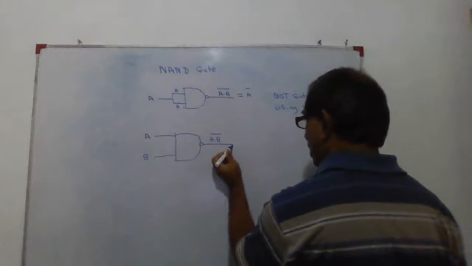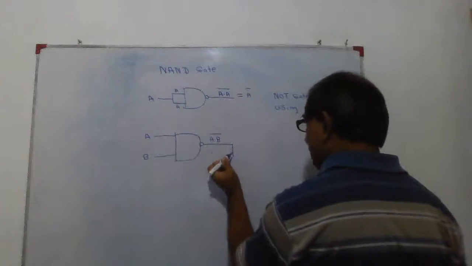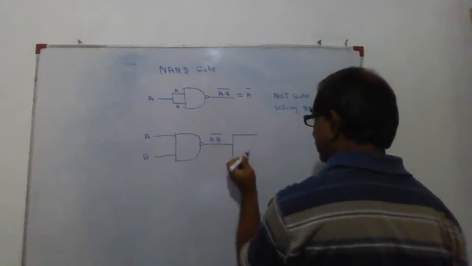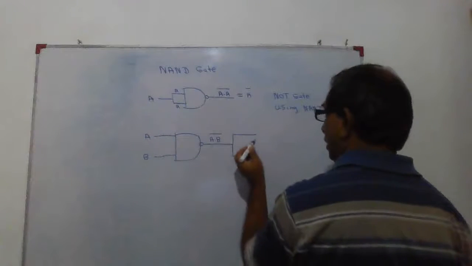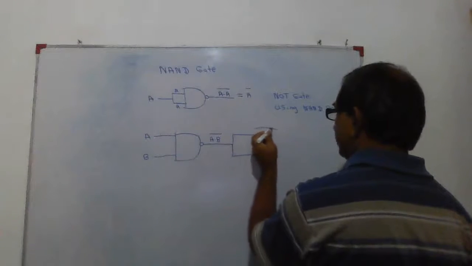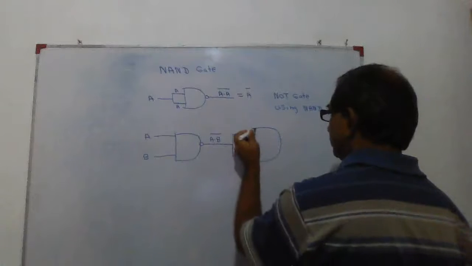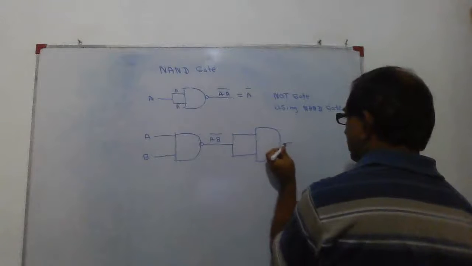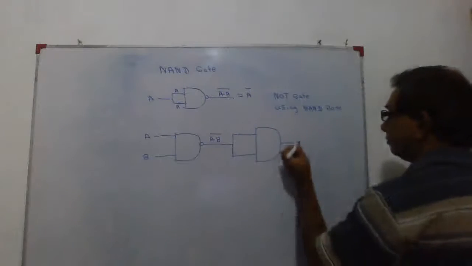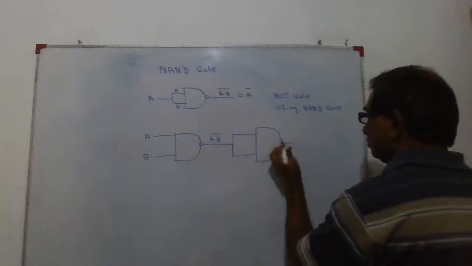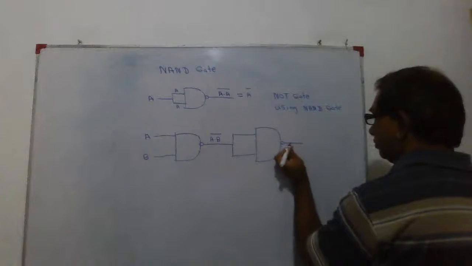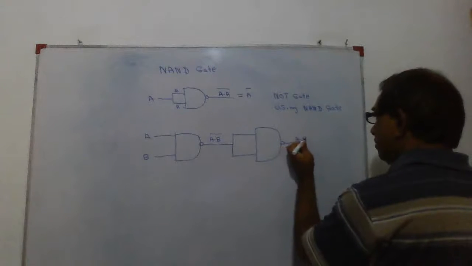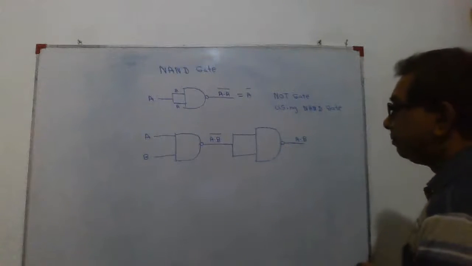So there the output of the first gate is passed to another NAND gate. See, this is the second NAND gate. So the second NAND gate produces A and B again.